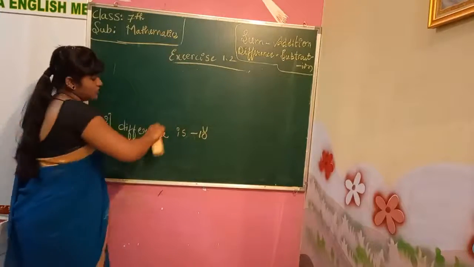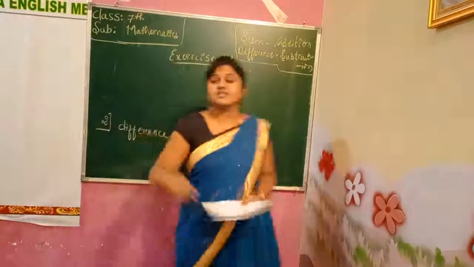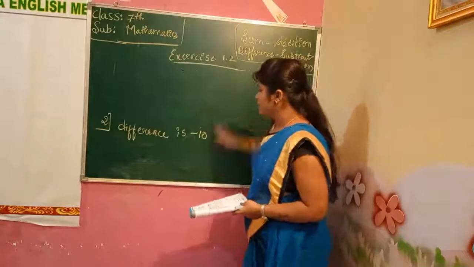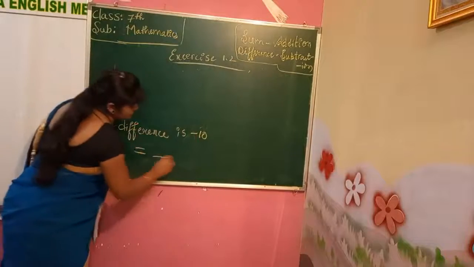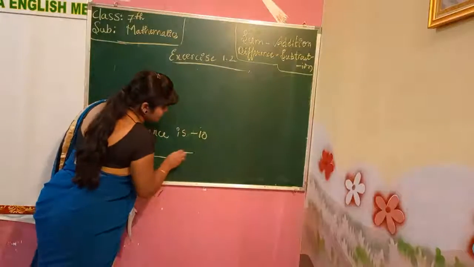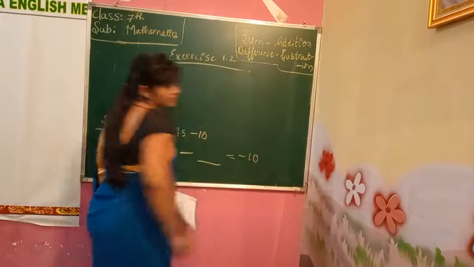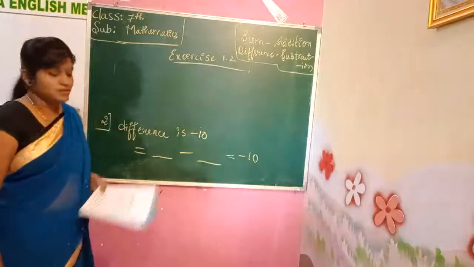In the first question we got sum, here we got difference. Difference means what? I told you, subtraction. So here they have given a question with difference. Difference means minus, and this one they have given as an answer. The middle is a minus sign.